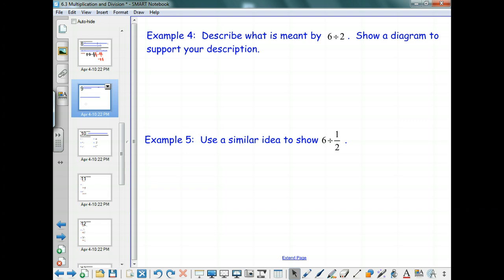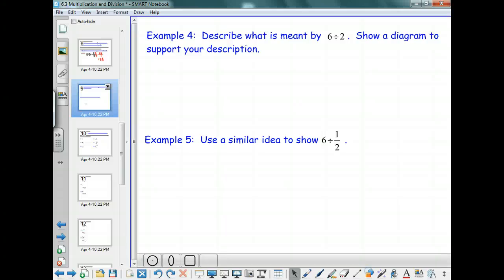Okay, so I want to describe physically what is meant to divide by a fraction. But in order to describe that, I want to go back to division of whole numbers. If you talk about 6 divided by 2, how could you draw a picture that would represent 6 divided by 2? Somebody give me an example. I'm going to use discs.